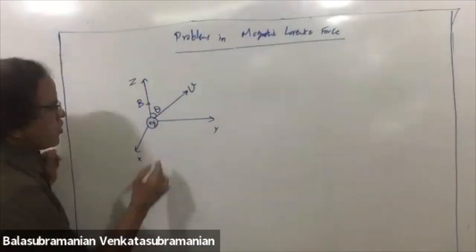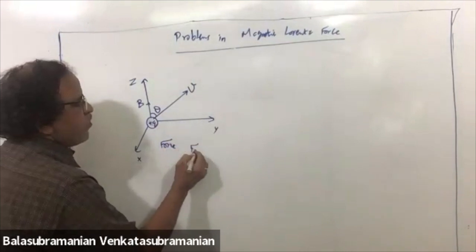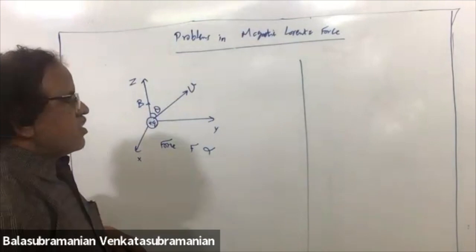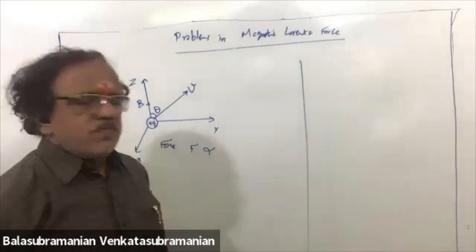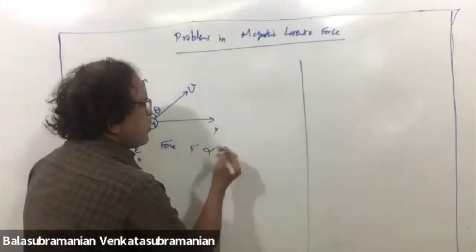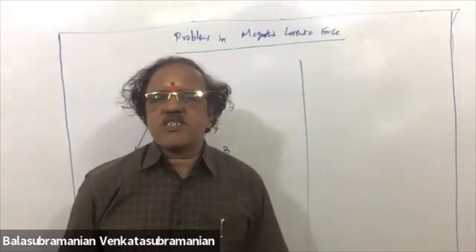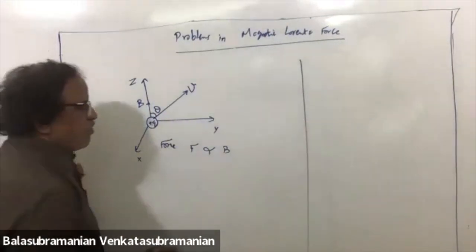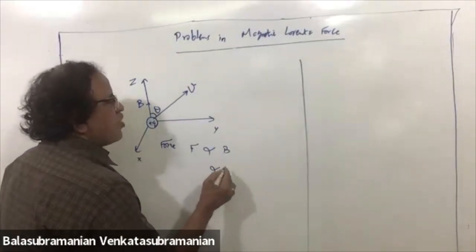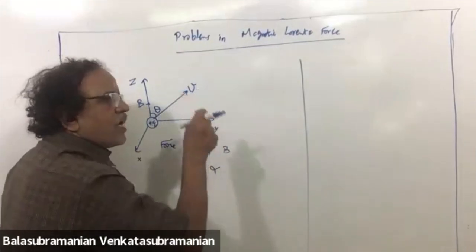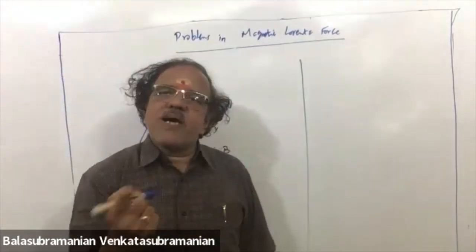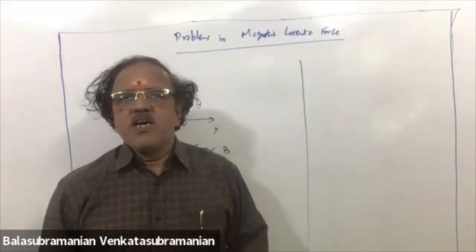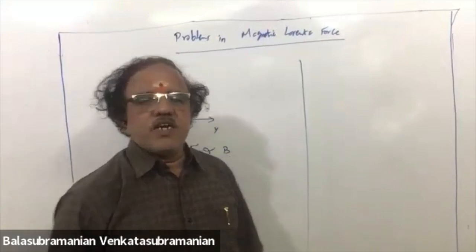Then force F is proportional to two factors. It is directly proportional to the magnetic field of induction or magnetic flux density B, and it is proportional to the component of velocity perpendicular to the magnetic field.